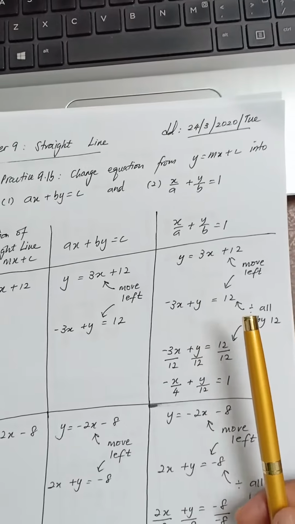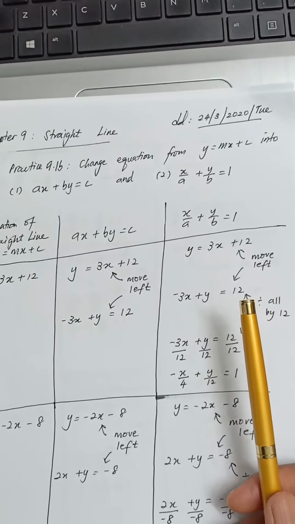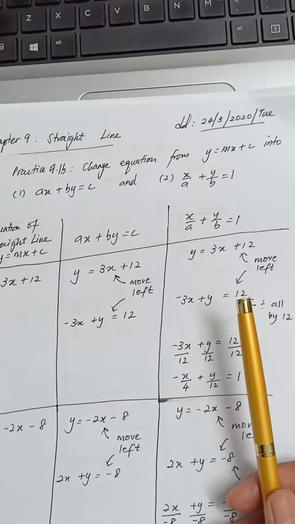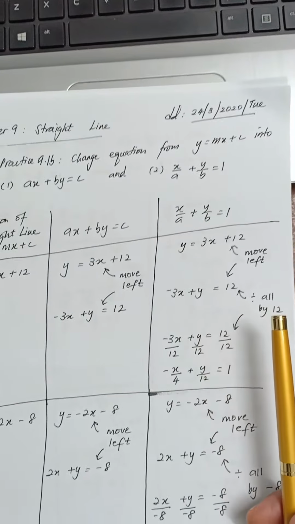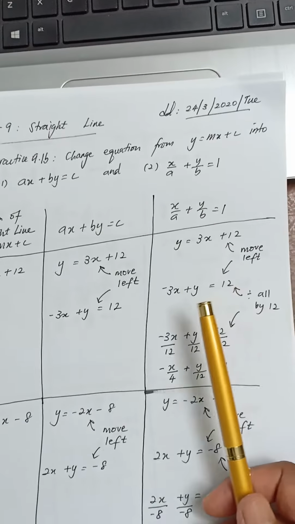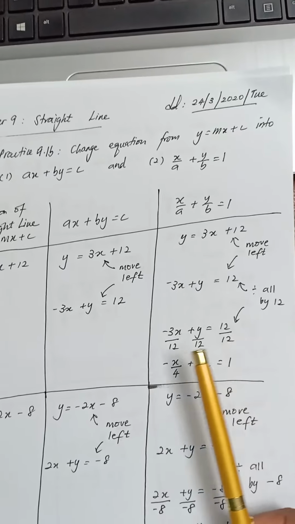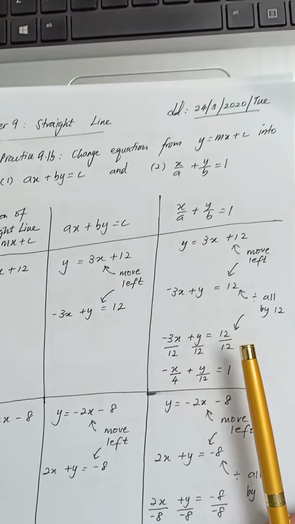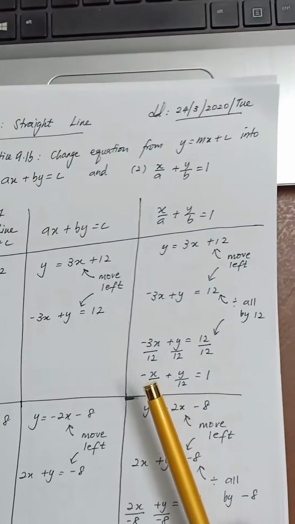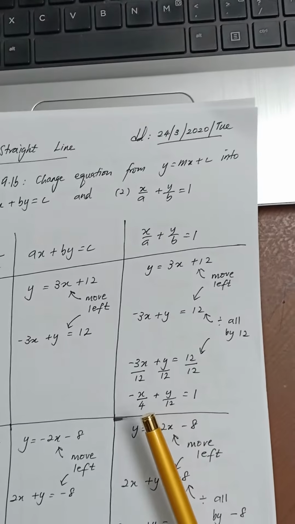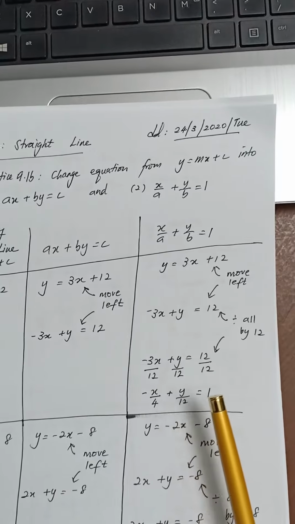Then you divide everything. In order to make the c into 1, you must make this 12 into 1, so divide by the same number. You divide not only this one, all the other terms here by 12. So your final answer turns out to be negative x over 4 plus y over 12 equals 1.